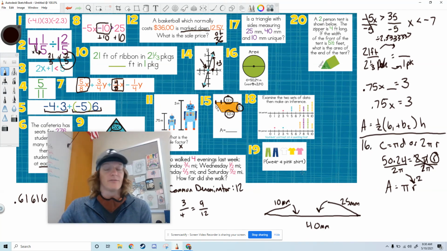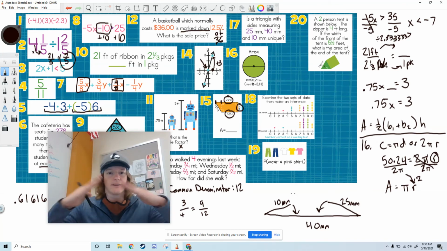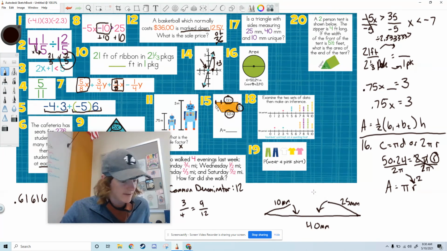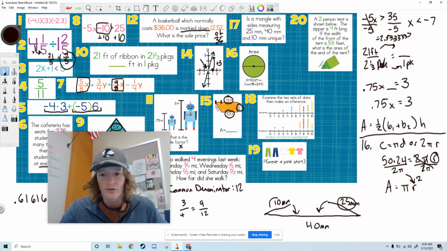And it has to be even more than that for it to be a triangle. Because if this was 30 and 10, well, they're going to come down and they're going to meet perfectly right at that 40. But it's got to be a little bit more than that. So this does not work. 17, you need to explain if it's not possible. Well, this isn't possible because these two short sides are not long enough. They're not longer than our long side.